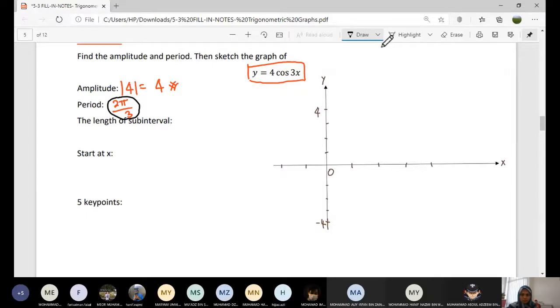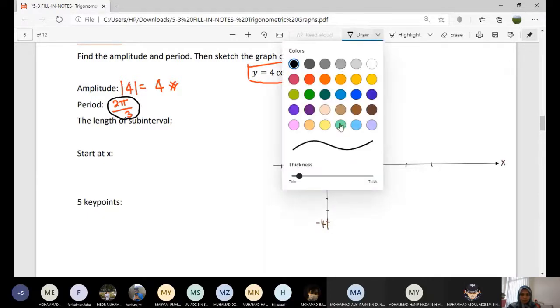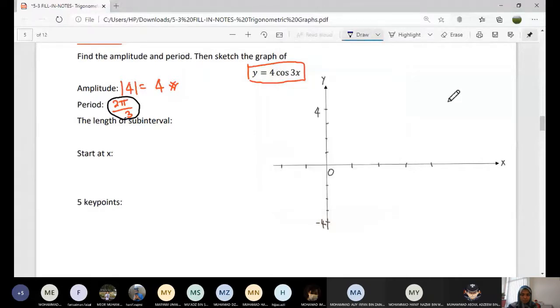Please calculate to find the subinterval. 2 pi over 3 divided by 4, times 1 over 4, so you'll have 2 pi over 12. So we have pi over 6. So the length of each subinterval is pi over 6.